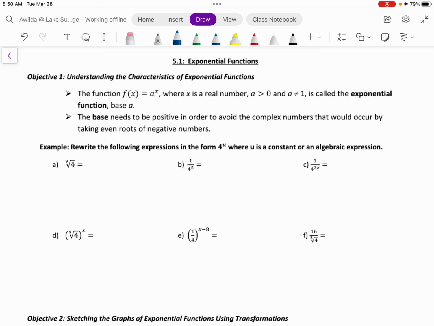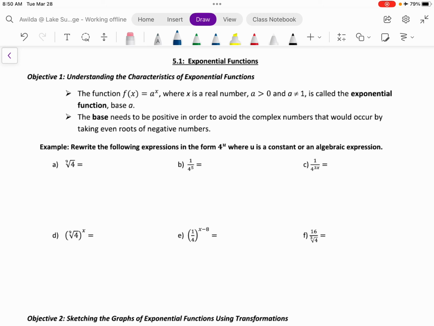We are going to look at some exponential functions in just a moment, but first let's review some of the basic rules of dealing with exponents in general. In the following examples, we're going to rewrite the given expressions in the form 4 to the u power, where u is a constant or an algebraic expression.